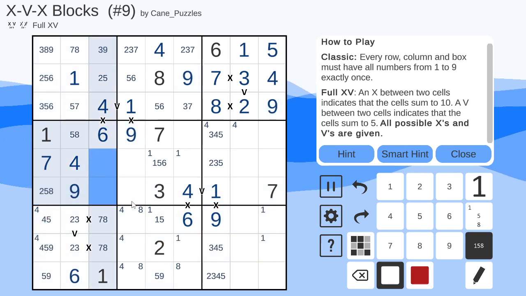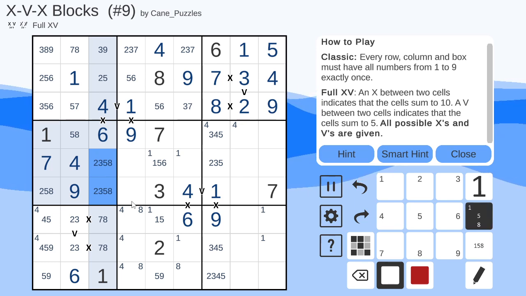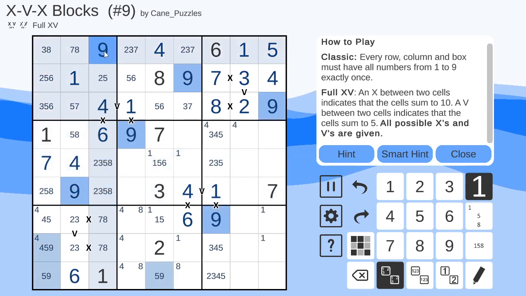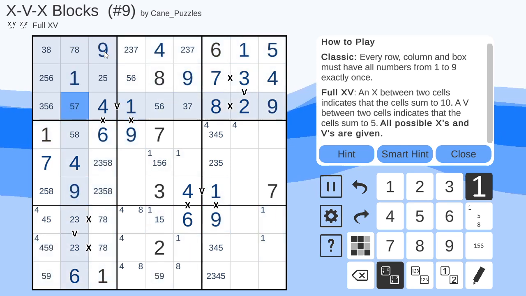Missing digits here: 2, 5, 8, and 3. 3's definitely in here. So you aren't 3, you are 9. Whatever the 7 is, the 3 will be in the opposite.